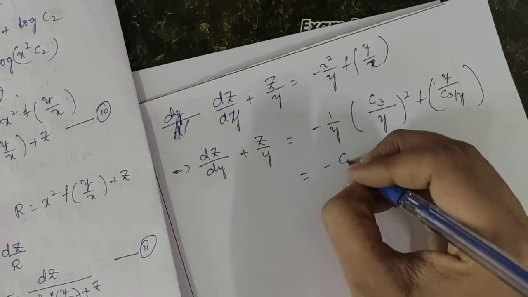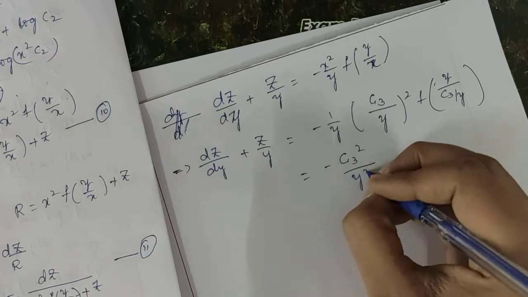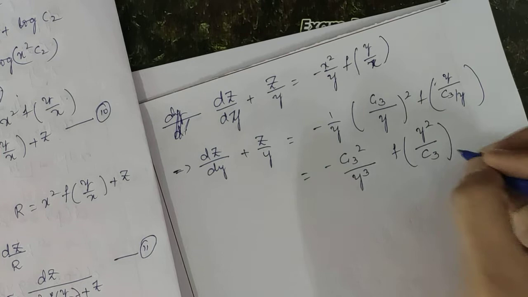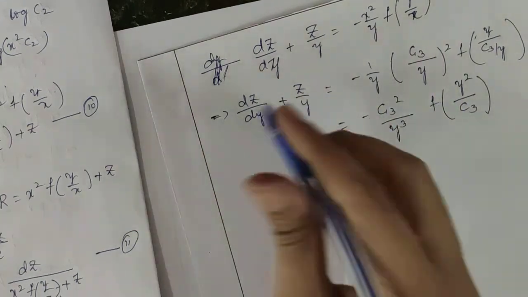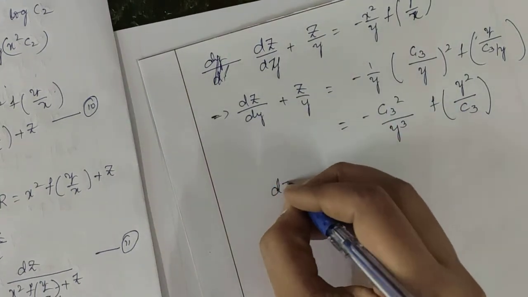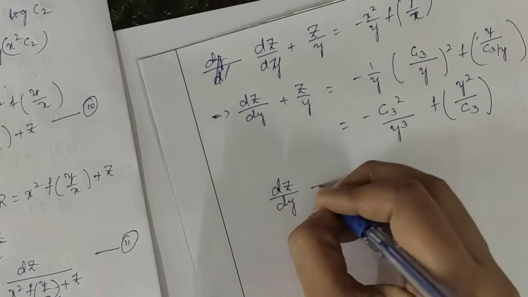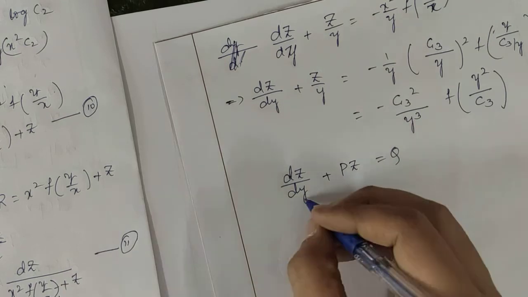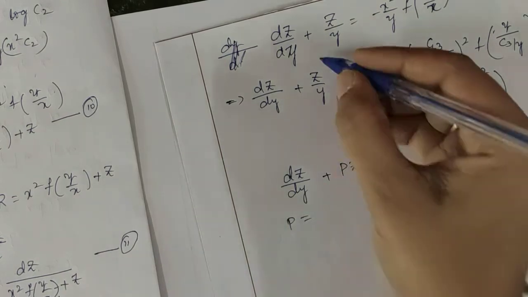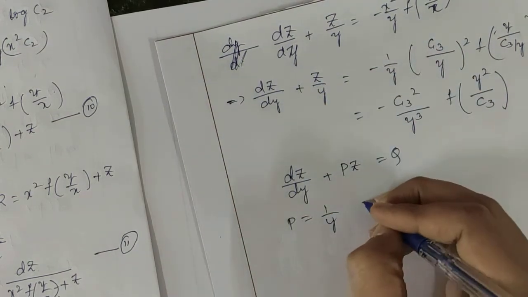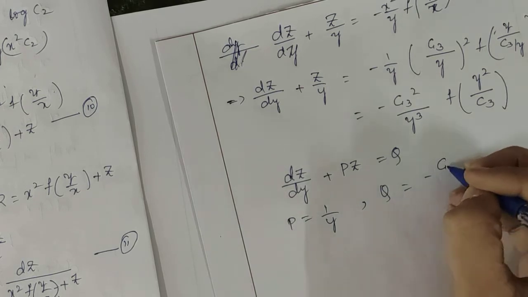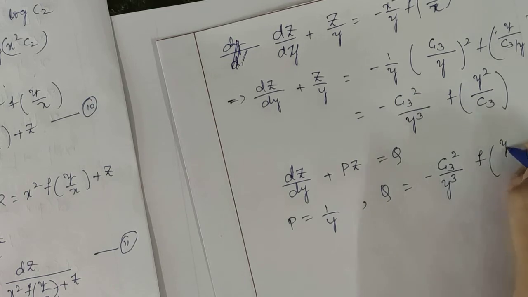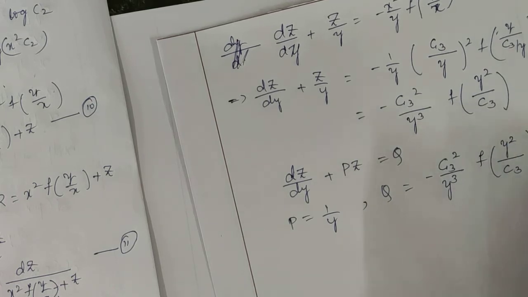So this will be minus c3 square by y cube f of y square by c3. So now this equation is in the form of dz by dy plus Pz is equal to Q, where P is equal to 1 over y and Q is equal to minus c3 square by y cube into f of y square by c3.